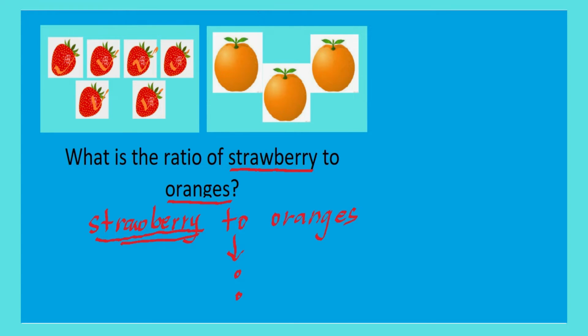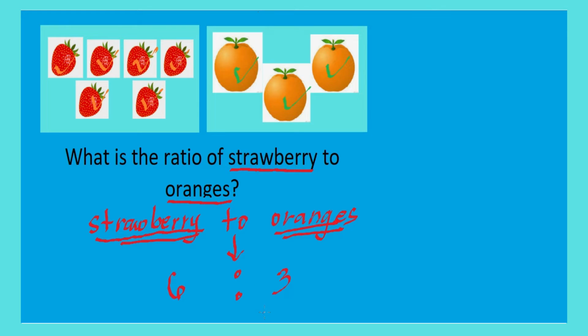Very good, we got 6 strawberries. And then we are going to get the number of oranges that we can see in the picture. Let's count it. We got 1, 2, 3. So let's write it here. Okay, 6 to 3. So we got 6 strawberries to 3 oranges.